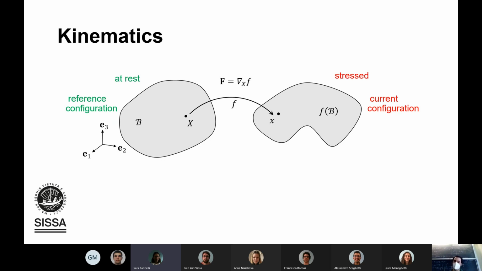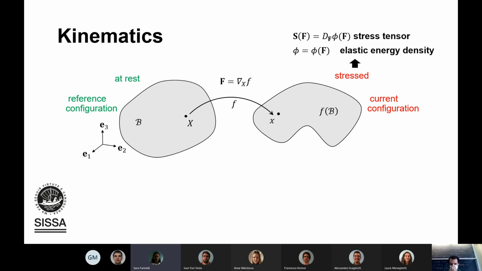So we have squeezed the body, so internal stresses arise. And to account for this, we have to introduce an elastic energy density. And once one has the energy, one can compute the associated stress tensor S, which in this case is the first Piola-Kirchhoff stress tensor.